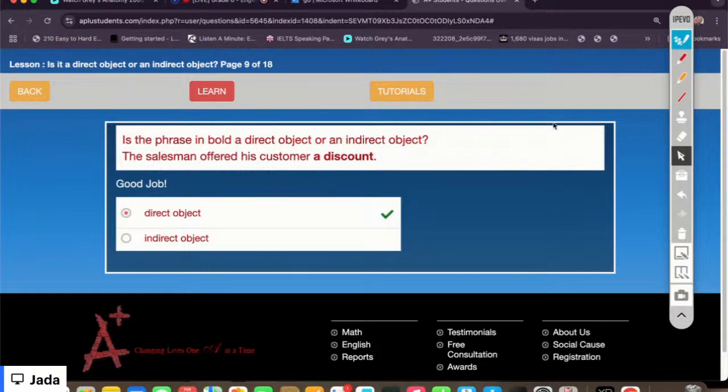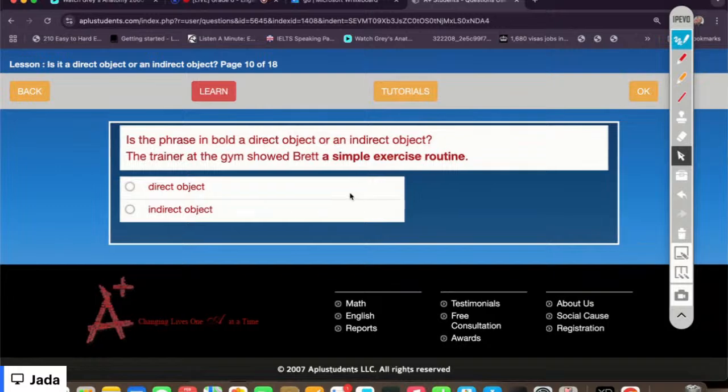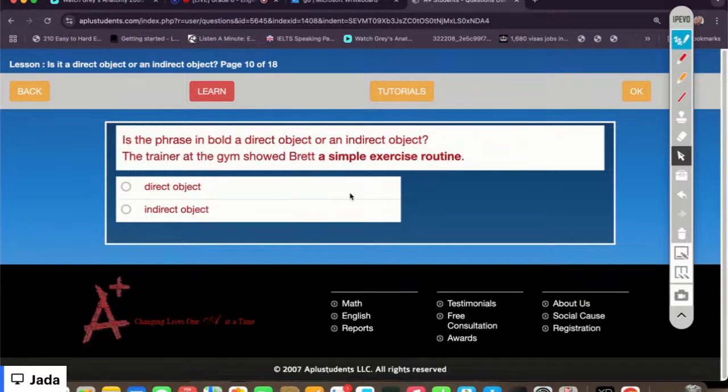Okay, good job, guys. So we have: The trainer at the gym showed Brett a simple exercise routine. Now, what is this one?